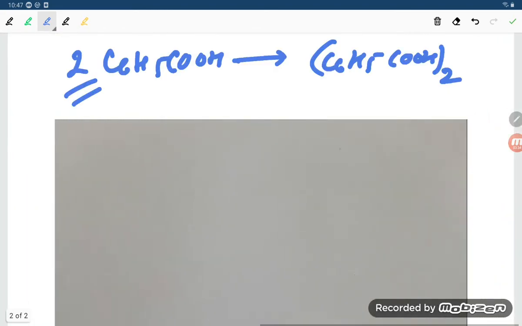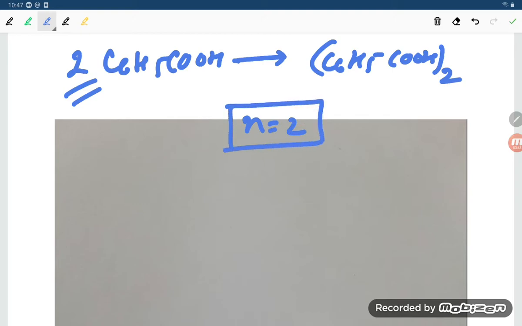So in this one, student, you keep the values. The n value will be 2. So how will you solve this, student, if the n value is 2? You put the values in the formula.